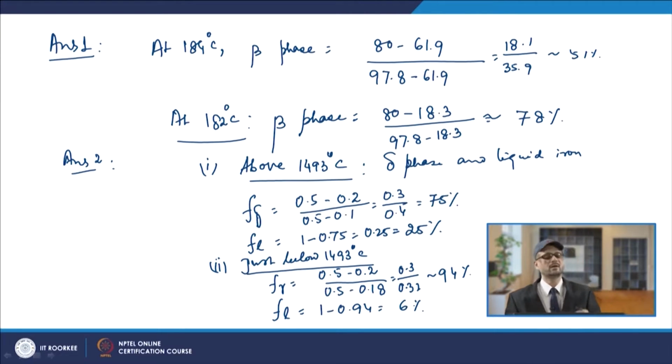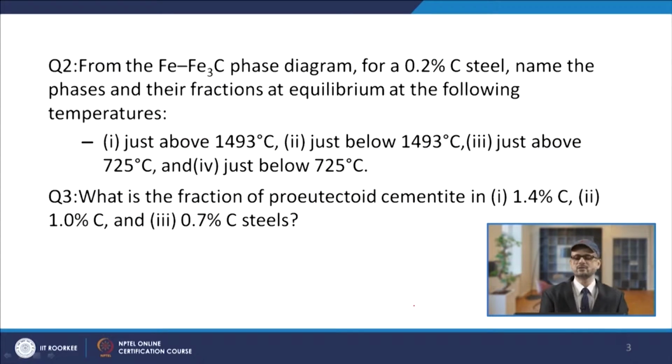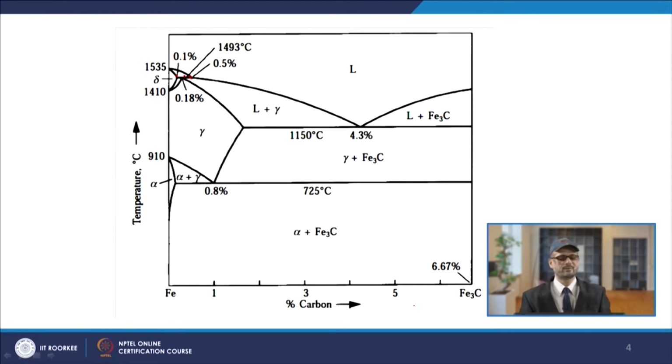So, next, in this question only, you have to find just above 725 and just below 725. So, if you go above 725 and that too for 0.2% carbon, in this case you are getting alpha plus gamma.